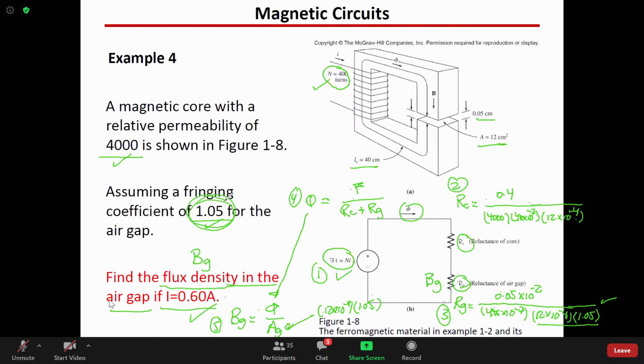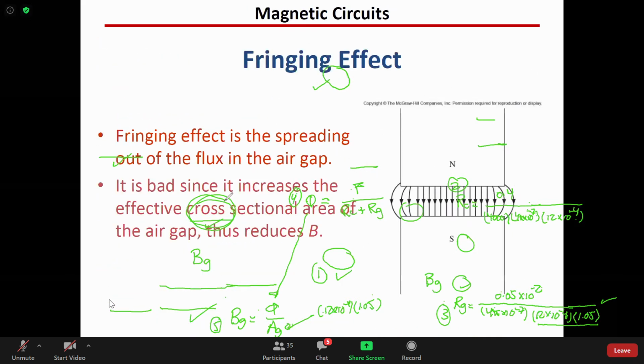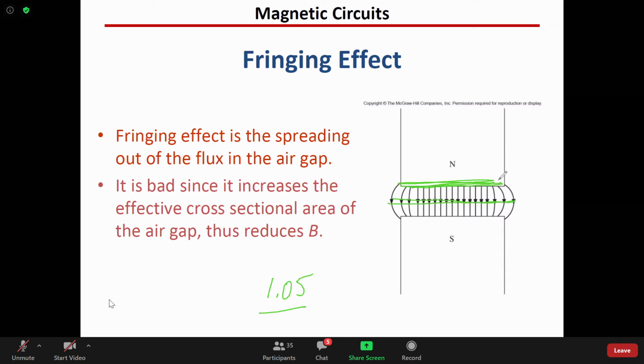If you remember, it was the concept that the cross-sectional area of the air gap is larger than the cross-sectional area of the core by a percentage. How much percentage? It's given as the coefficient here. For example, here it means that this area is 1.05 multiplied by the core area.